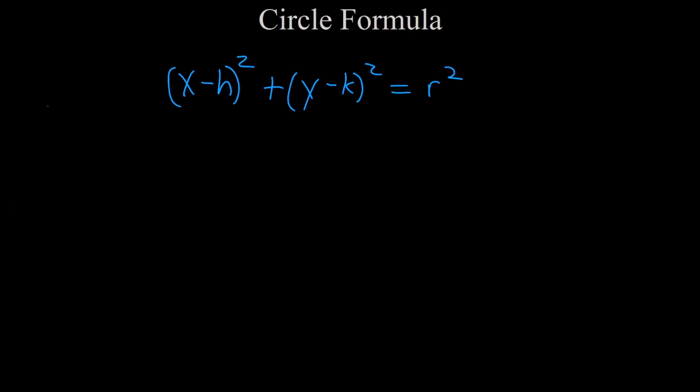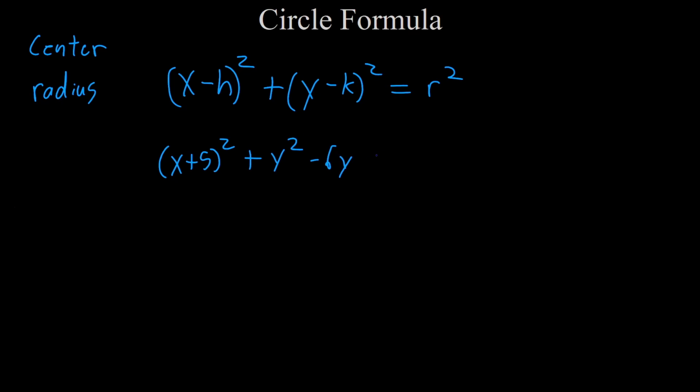Lastly, let's take a look at a problem that requires a little bit more of our algebra skills. What is the center and the radius of a circle with the following equation? (x + 5)² + y² − 6y = −5.